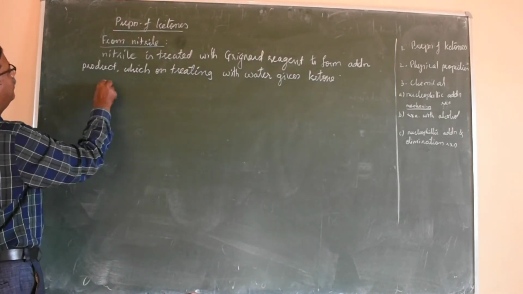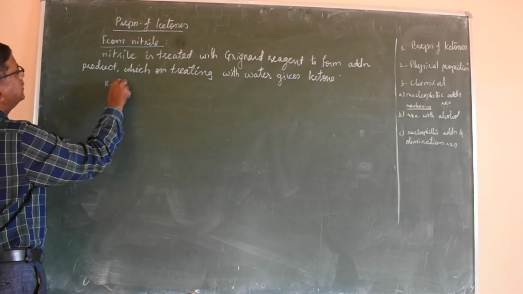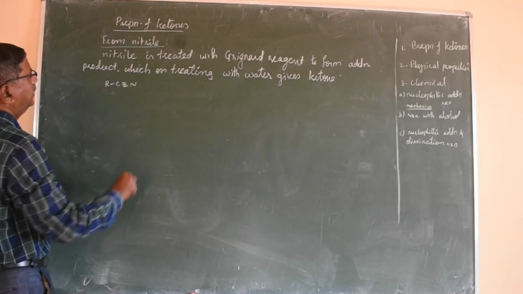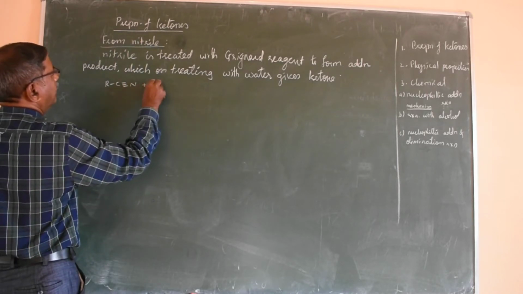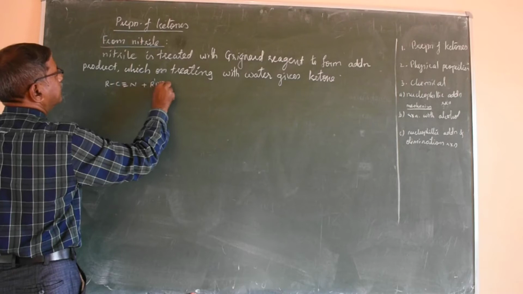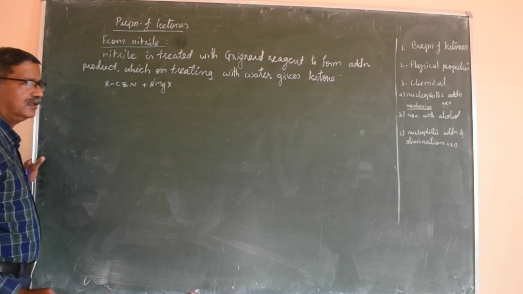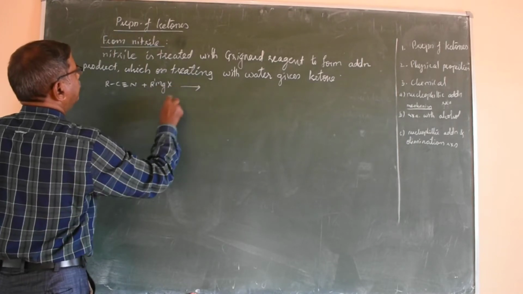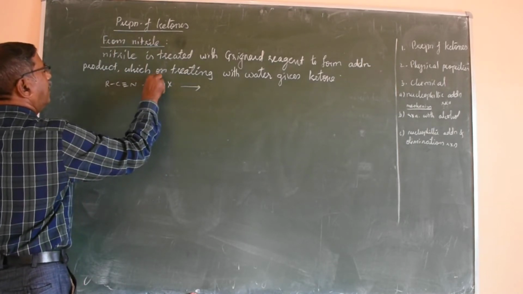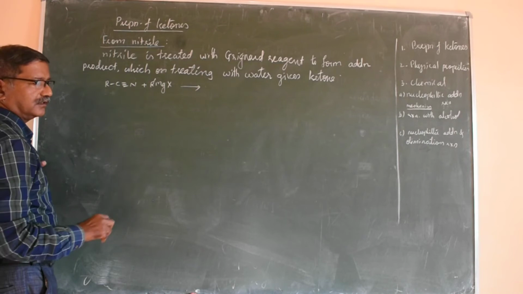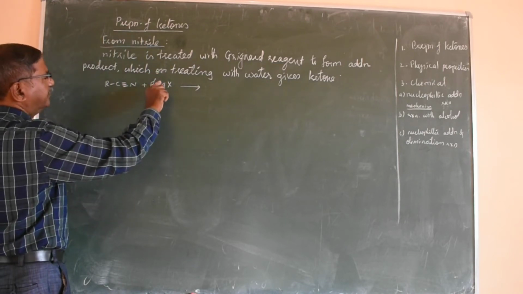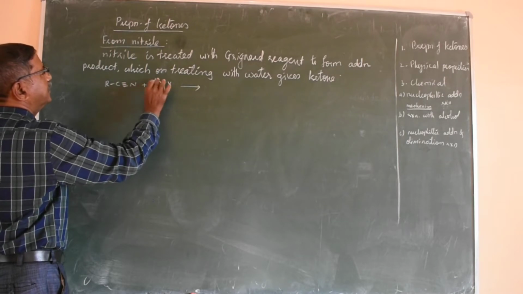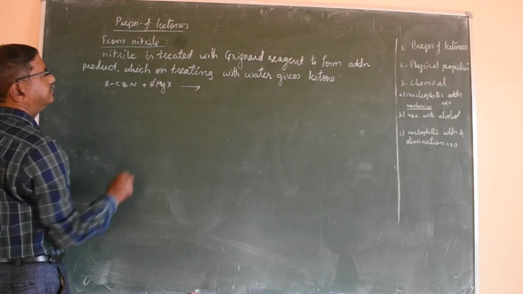We know the formula for nitrile, R-C triple bond N. Grignard reagent, I am writing R'-MgX, alkyl magnesium halide. We know this R' is negatively charged because magnesium is electropositive, so it carries positive charge, MgX.